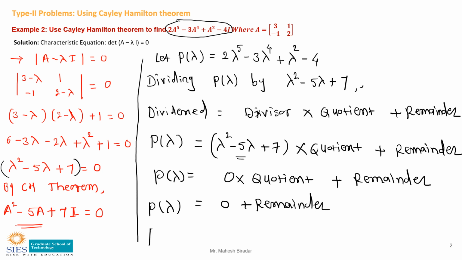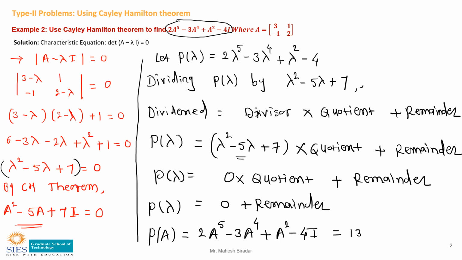Or you can replace lambda by A. So P of A, the given polynomial in A, which is 2A raised to 5 minus 3A raised to 4 plus A square minus 4I, this matrix is equal to only the remainder after dividing P of lambda by the characteristic polynomial. So I will directly give you the remainder part here.